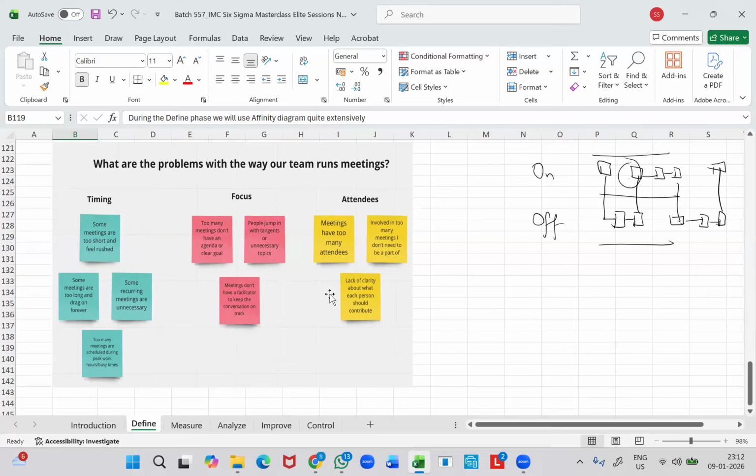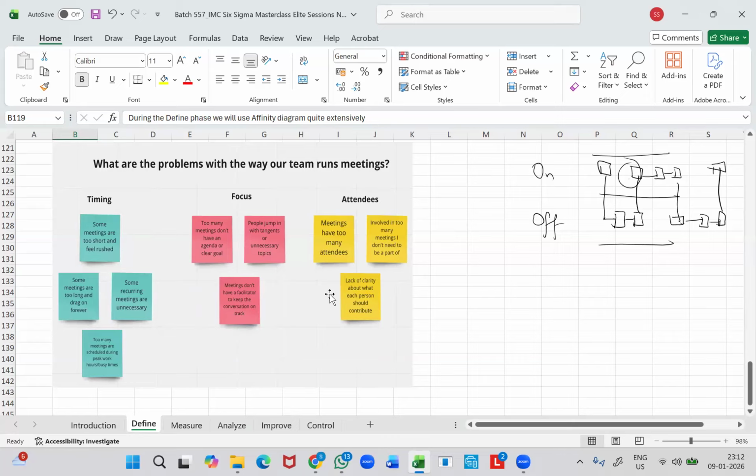So in the define phase, we have several categories to be created, right? Starting with the types of customers, we will have internal customer group and external customer group. And also the customer requirements, gathering of customer requirements. We will have multiple sources through which we will be able to gather the customer requirements. Again, we will have different categories of the sources to gather the customer requirements.